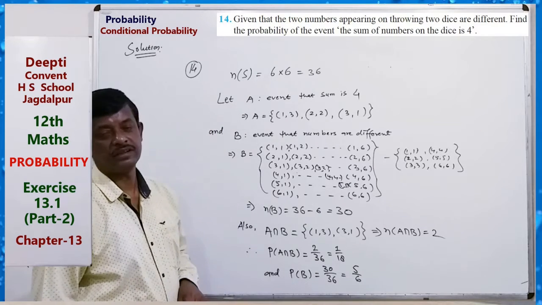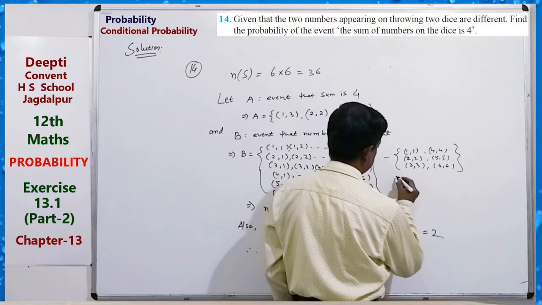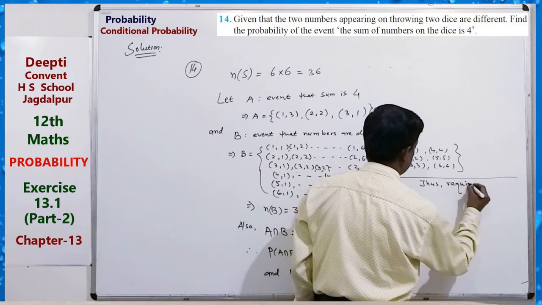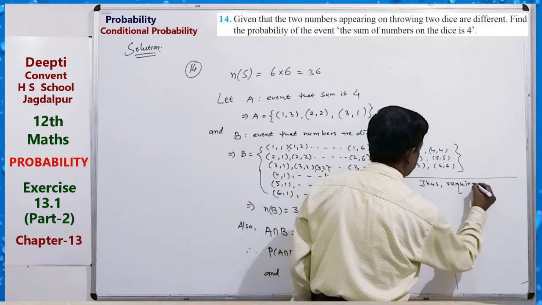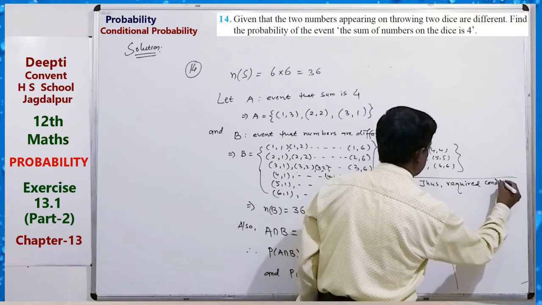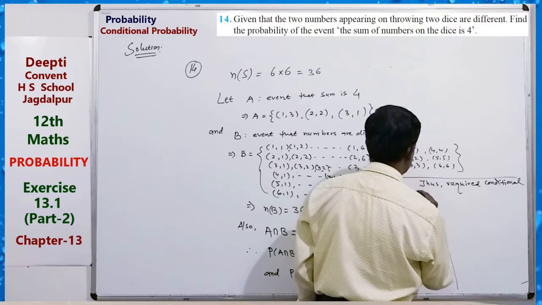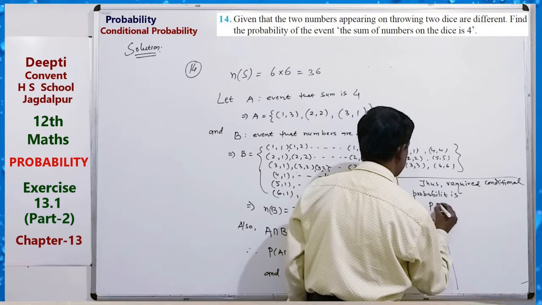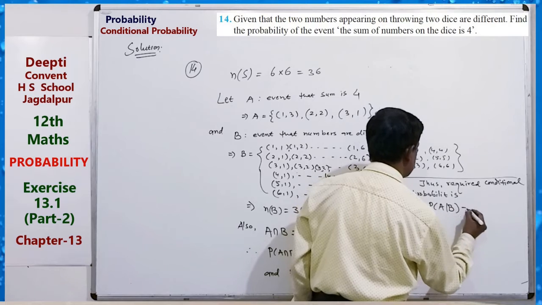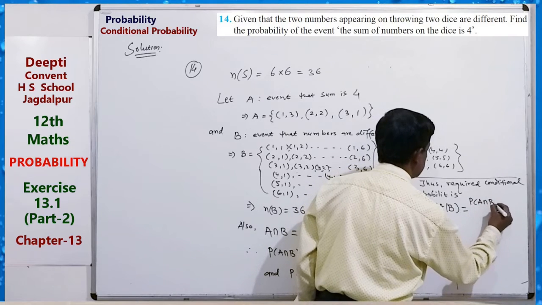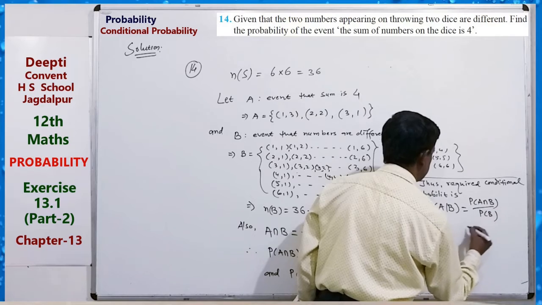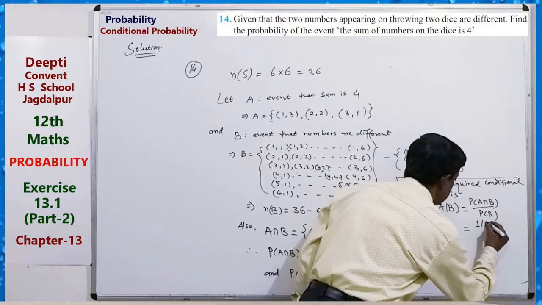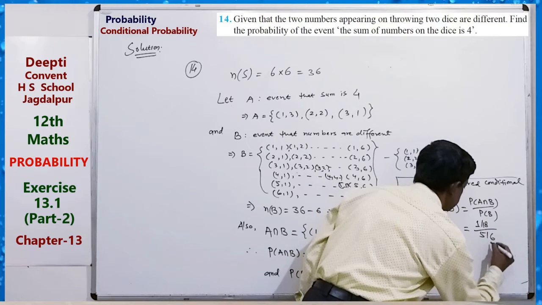Thus the required conditional probability is P(A given B) equals P(A intersection B) upon P(B), which equals 1 by 18 divided by 5 by 6.